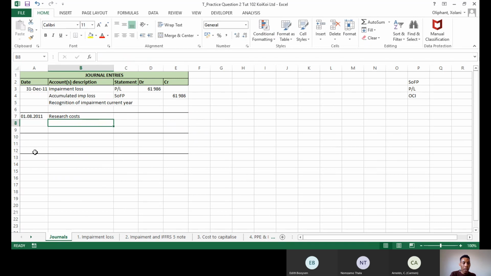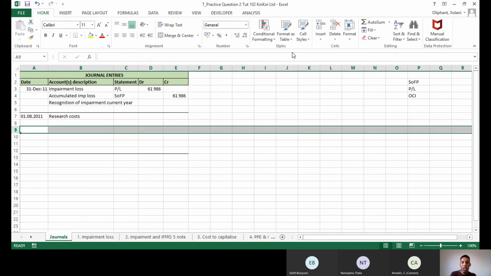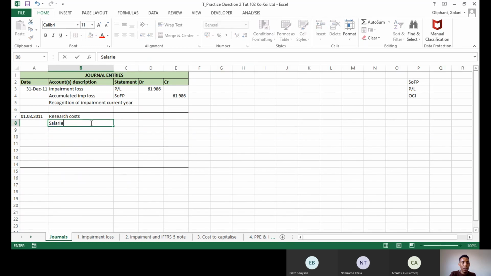We're expensing that, and then we say under those research costs, we've got various costs. We've got your salaries, we've got your consumables, and we've got your depreciation as well. And then obviously that will go to your P&L, because it's a P&L item, right? And then this will go to your, I think, P&L as well.